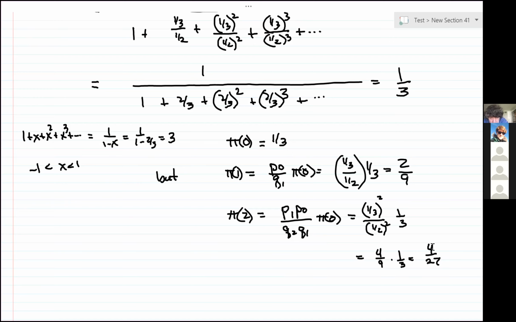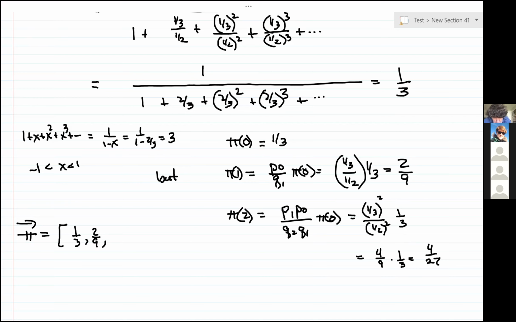So instead of figuring this out each time, we could just pick off the right term and make that times pi 0. So in this case, that was the 4/9 times the 1/3. That gives us this. So if you continue doing this, you can see what pi is. The stationary distribution looks like a third, 2/9.